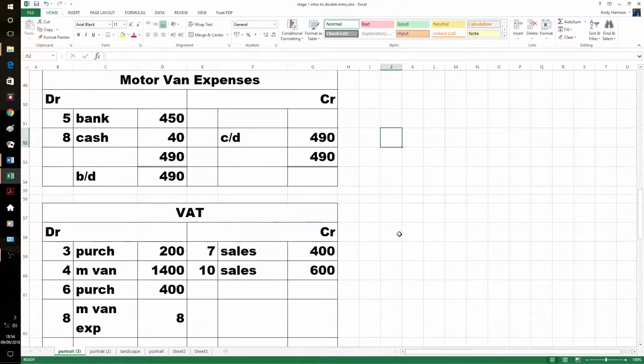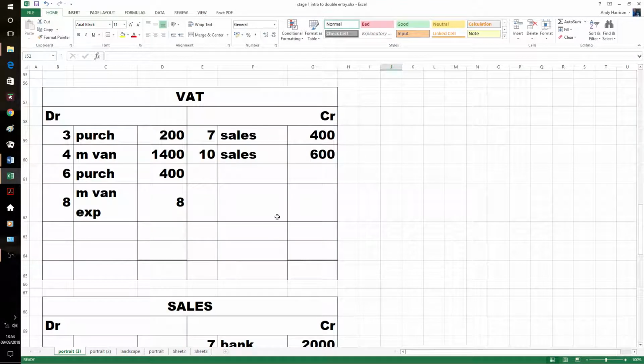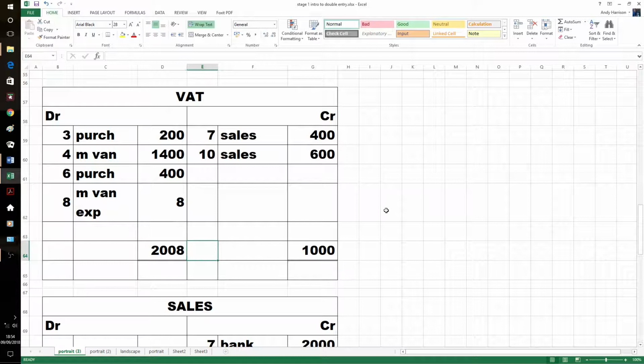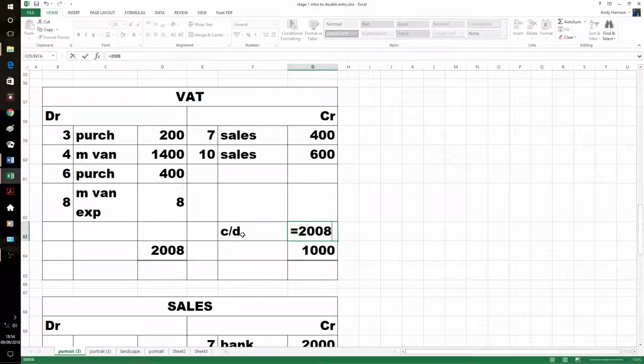490 brought down. So VAT is one that can go either way, so at least there's a bit of serious maths to do on this one. Adding up the sides, we've got a carry down in this case on the credit side. Didn't really need to type that for me, I'm sure you could work that one out.